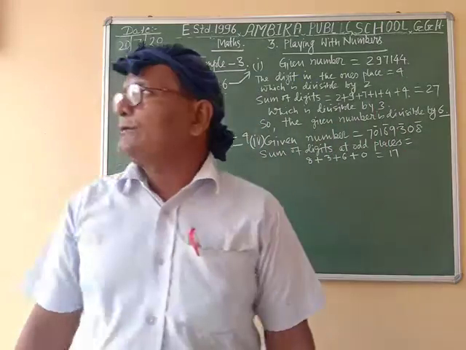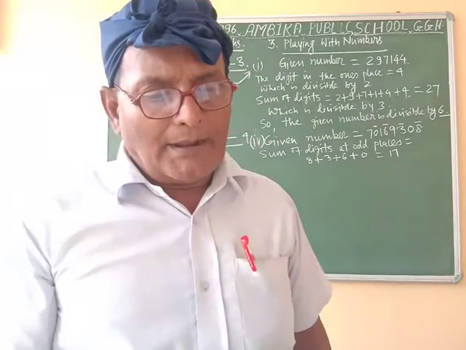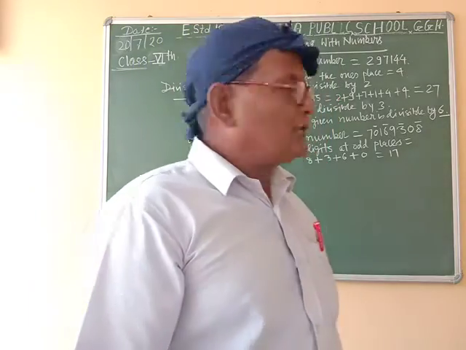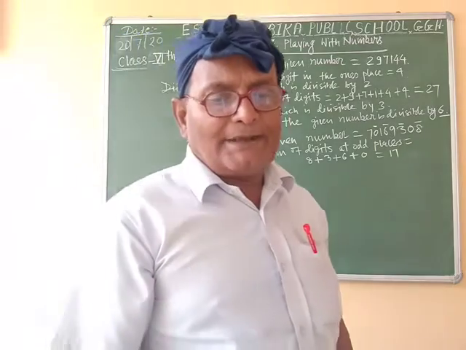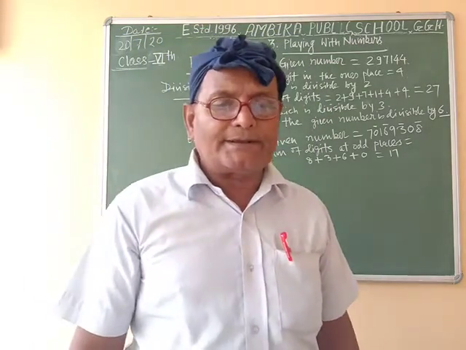Sum of digits at odd places is 0 plus 6 plus 3 plus 8 equals 17.